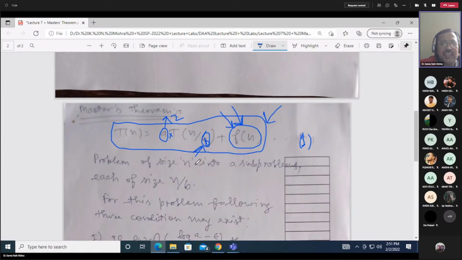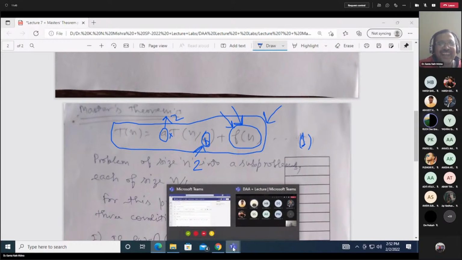A is 2, b is 2. And what is the value of f(n) here? Sir, f(n) can be a function, but instead of that we are given a constant, so f(n) is equal to c here.